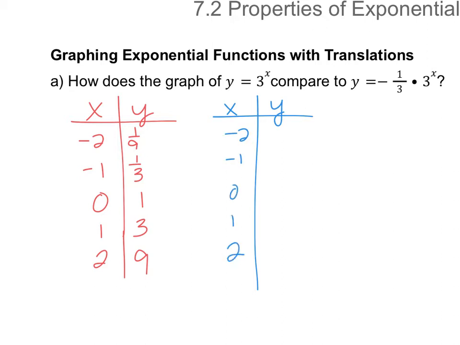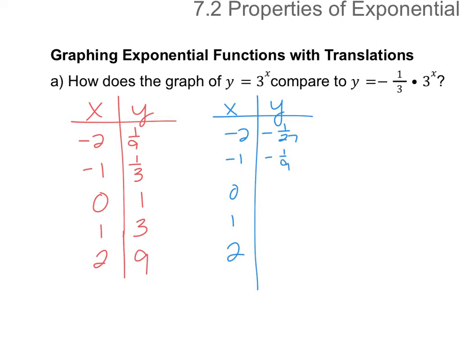So remember order of operations, we're going to do our exponent first and then multiply it by -1/3. So 3 to the -2 power gives you 1/9 times -1/3 gives you -1/27. 3 to the -1 power is 1/3 times -1/3 gives you -1/9.